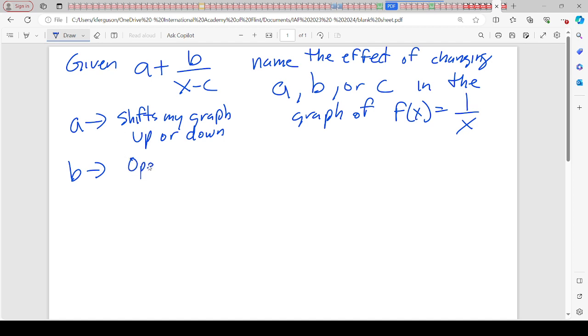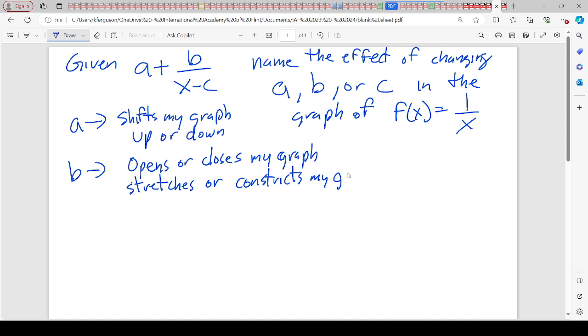We can say it opens or closes my graph, or B stretches or constricts my graph. Just remember what I'm talking about. So if this is my graph, B would make these lines go smaller and smaller or wider and wider.